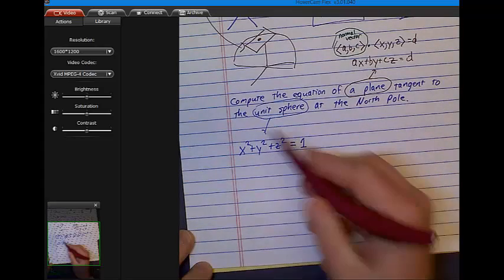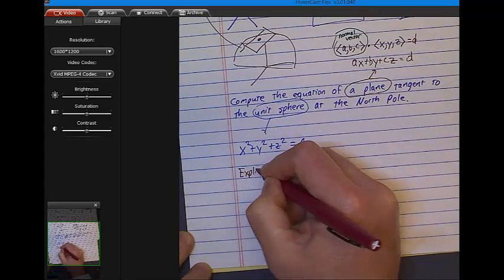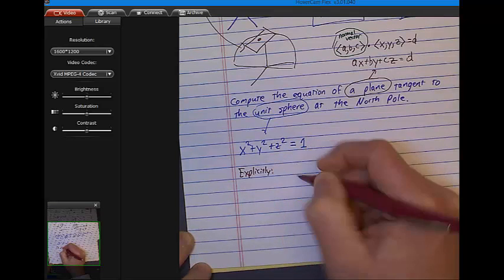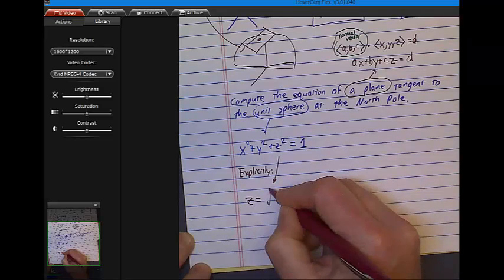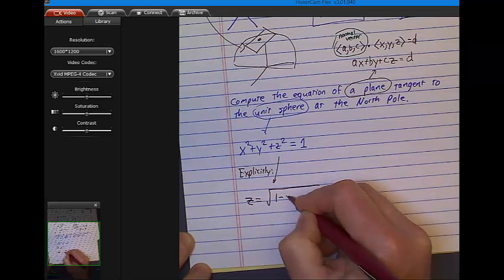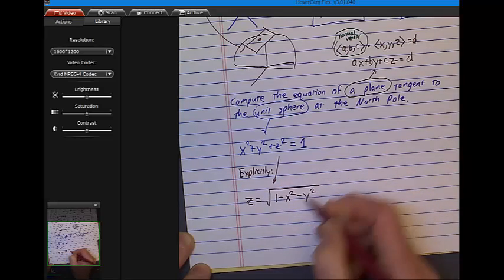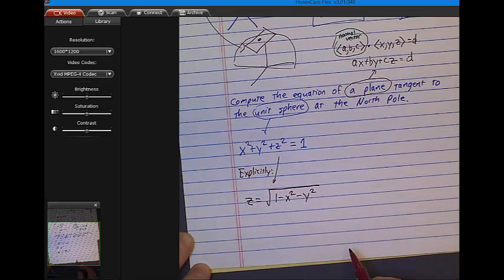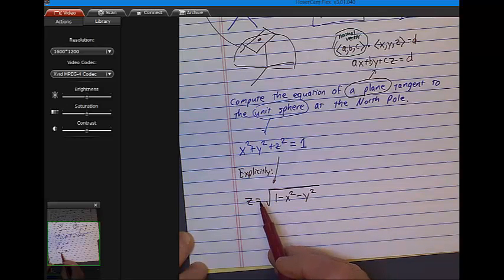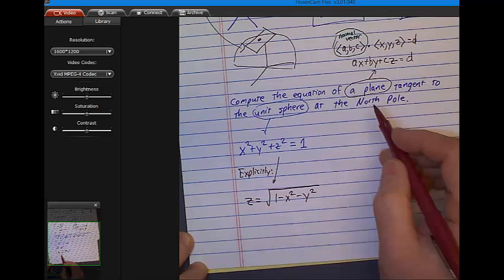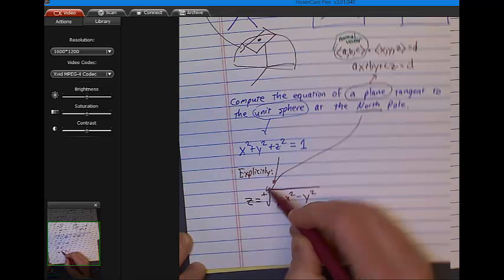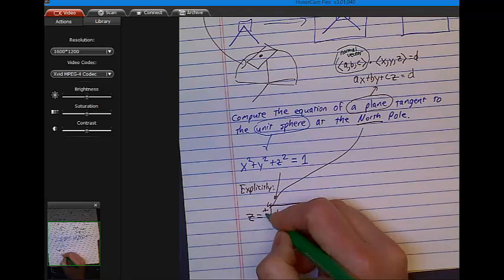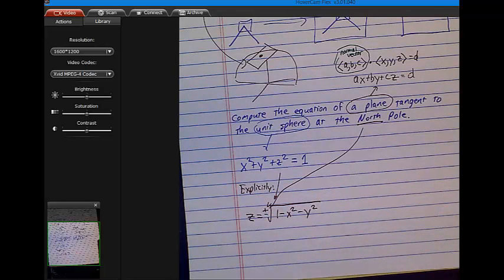So explicitly, we could solve for z: z equals the square root of 1 minus x squared minus y squared. And when I take the square root, I also have to put what out front? Plus or minus. But since it's the north pole, I said plus. Officially you should say plus or minus, but north pole says plus.